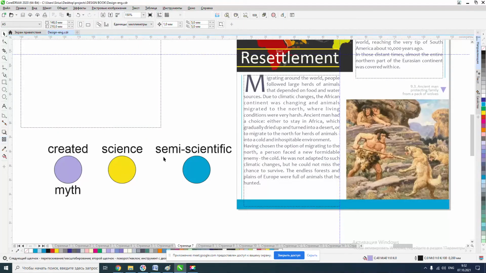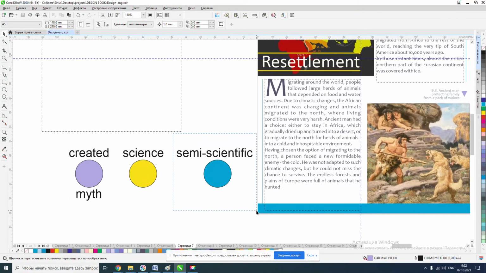Of course, why is it semi-scientific? Because the existence of aliens or other creatures not from our planet is not proved by classical science.